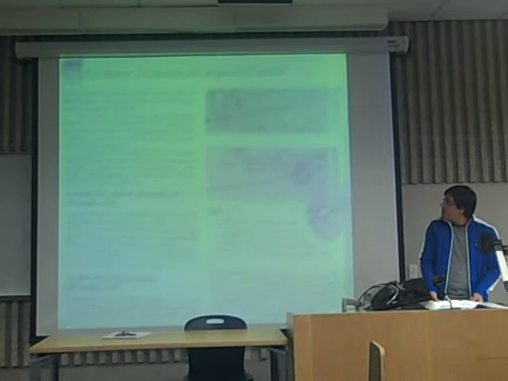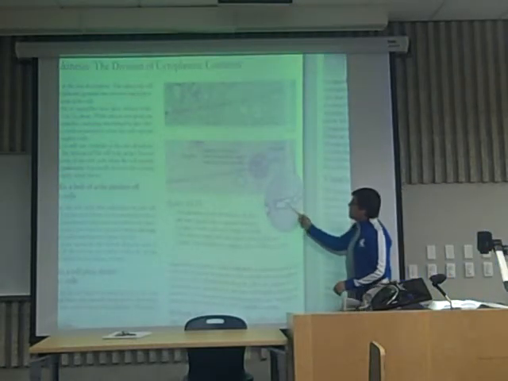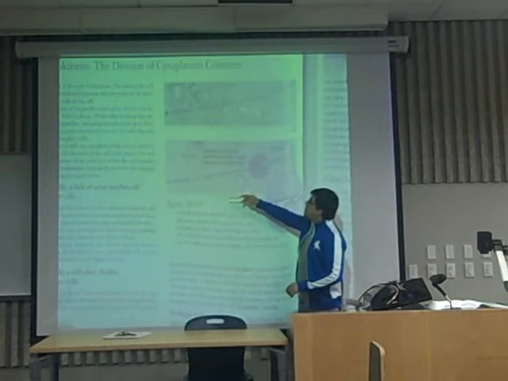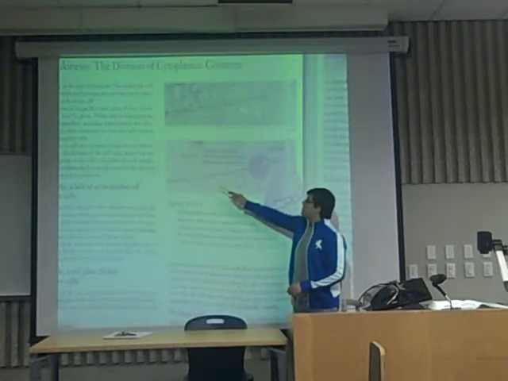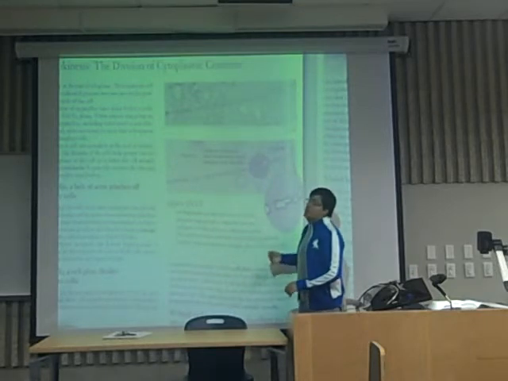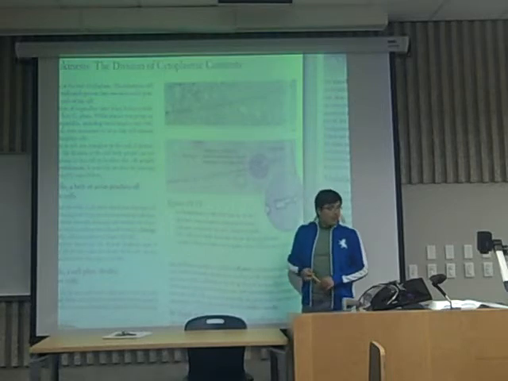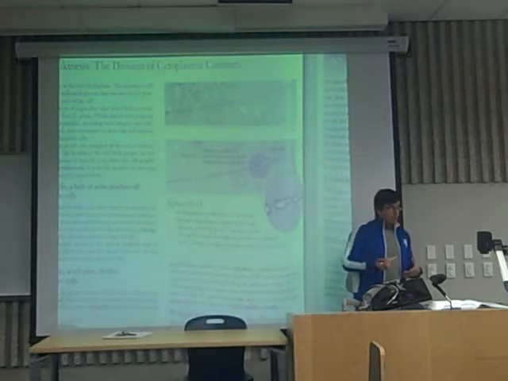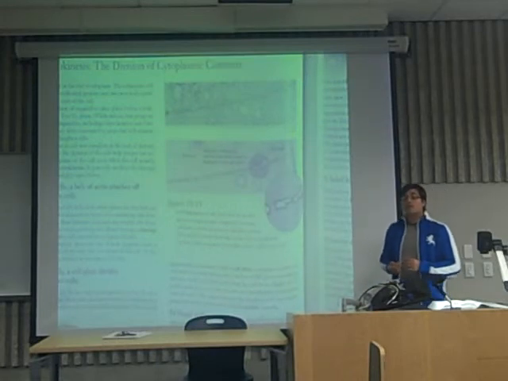But in plant cells, it happens slightly differently. With plant cells, the vesicles that are formed via the use of the Golgi make up the cell plate that will form the division between the two newly formed plant cells. Now in the next video, we'll actually talk about the control of this cell cycle.